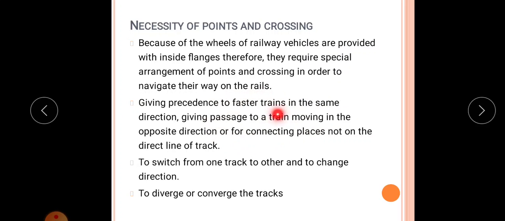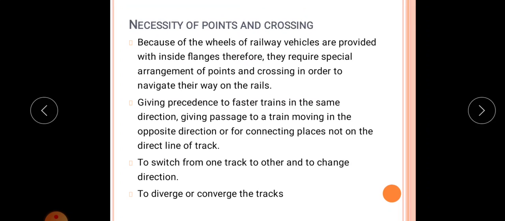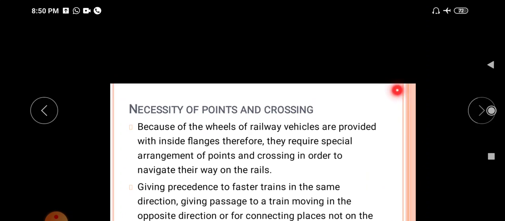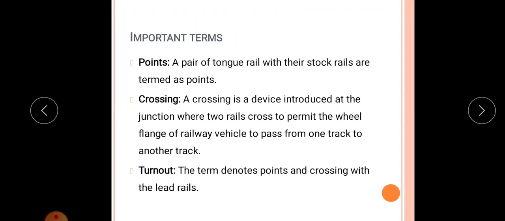Also, to switch from one track to another, to change direction, and to divert or converge the tracks, we need points and crossings. These are the objectives for providing points and crossings on a railway track.